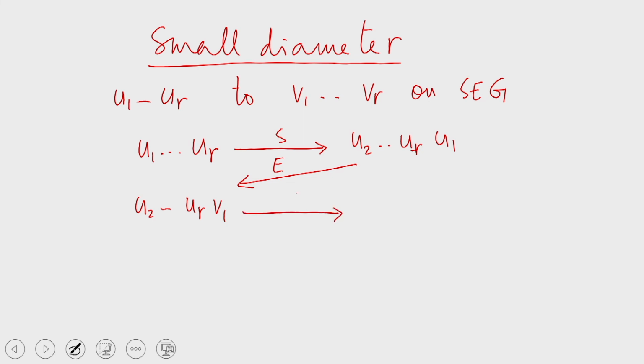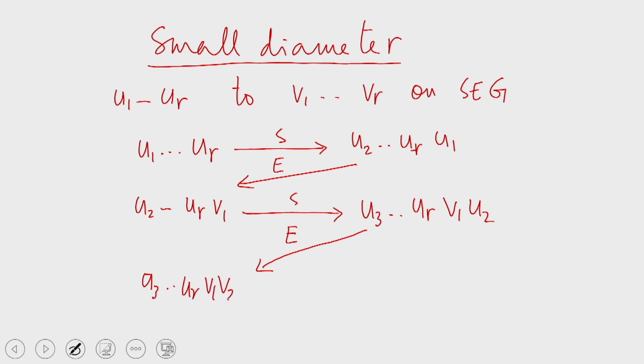If we perform another shuffle, we will come to U3 through UR, V1, U2. Then again let us take an exchange edge to come to U3 through UR, V1, V2. This exchange edge is also optional.